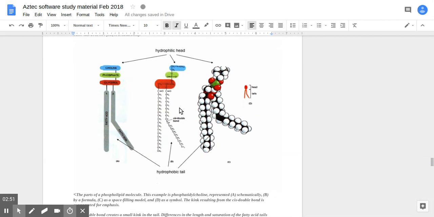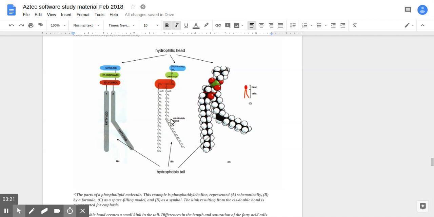So again, any kind of double bonds in the hydrocarbon chain of the fatty acid tail adds more fluidity to the membrane, because the kink from the double bond prevents the intense stacking of the molecules, so it becomes more fluid.